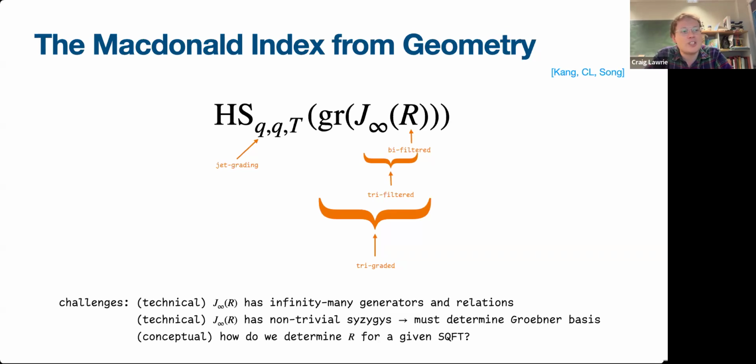Another non-trivial thing is that J infinity almost always has non-trivial syzygies. Syzygy, by the way, has been my go-to hangman word for the last 15 years. No one has ever survived it.